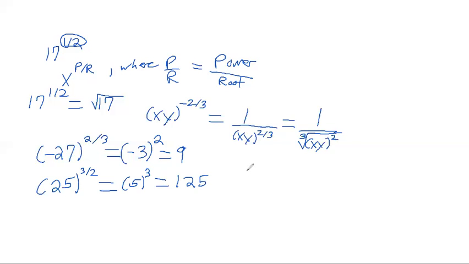And then if I have one involving a variable such that it's y to the 3rd raised to the 2/3 power, just like when we take a variable and raise it to a power that's a whole number, we multiply them. It's the same thing here, now with a fraction. So it's going to be y, and I do 3 times 2/3, which just gives me 2, so it's y to the 2nd.